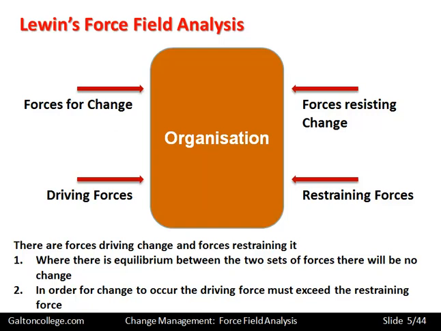In order for change to occur, the driving force must exceed the restraining force. So this seems to be broadly based on Newtonian physics. But the idea here is that if the forces for change are very powerful, then the change will happen. There will still be resistance to change, but if the forces for change overpower the resistance, the change will take place.